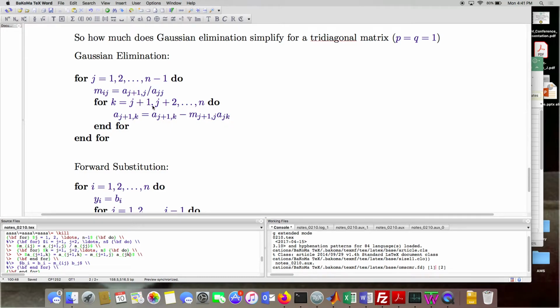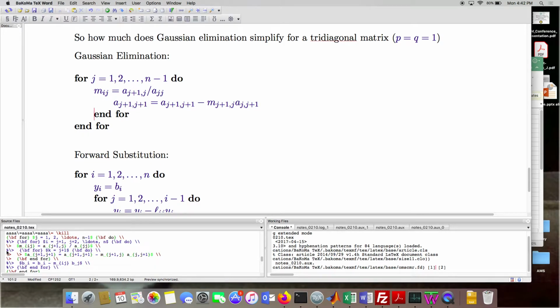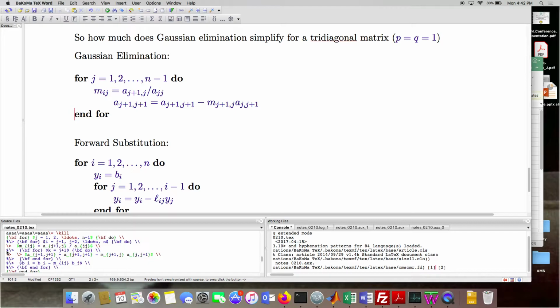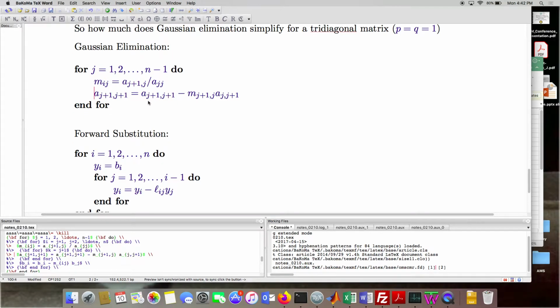So K is only equal to J plus 1, and there's no point having a loop there either. So I'm just going to fill in K equal to J plus 1, and this loop is gone. I can unindent this.